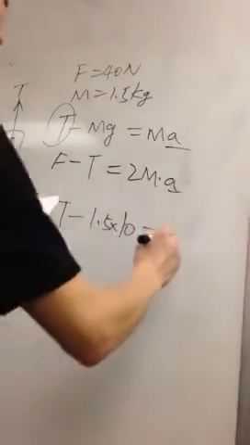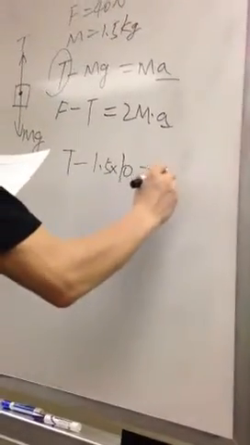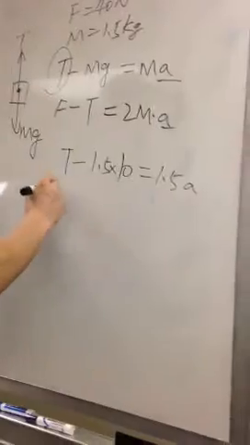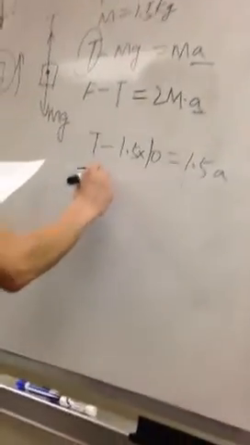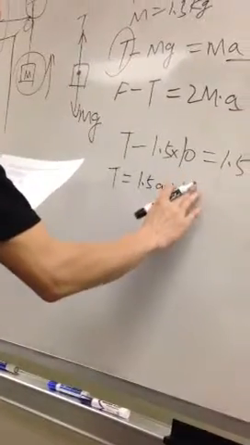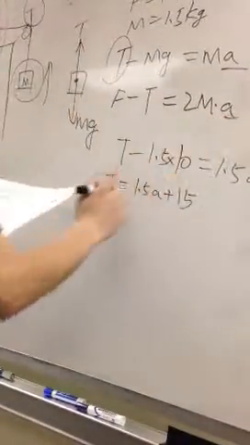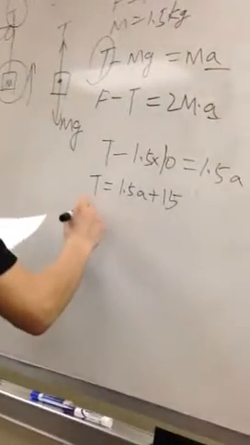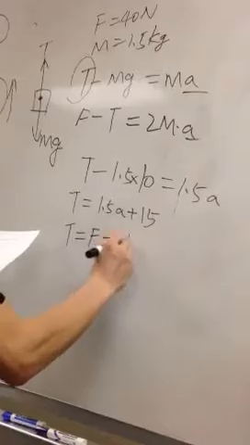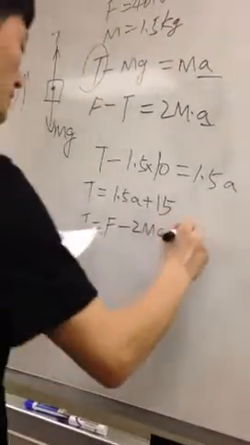Let's put this 10. M is 1.5. And from this we know F is 40.